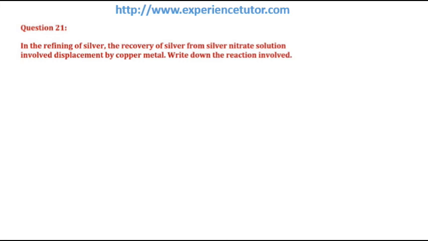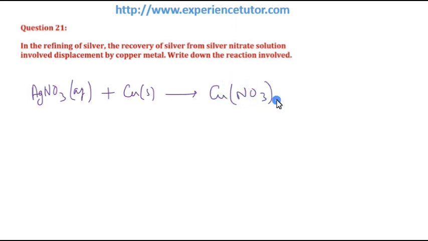So we can write the equation as silver nitrate, AgNO3 aqueous, plus copper solid gives Cu(NO3)2 aqueous plus Ag solid.